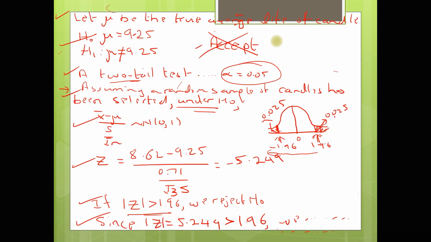Now, when the judge pronounces his judgment after having seen all the evidence, he will either declare the person guilty or declare the person not guilty. But at no point in time will he say, I declare the person innocent. He always says not guilty. Why?